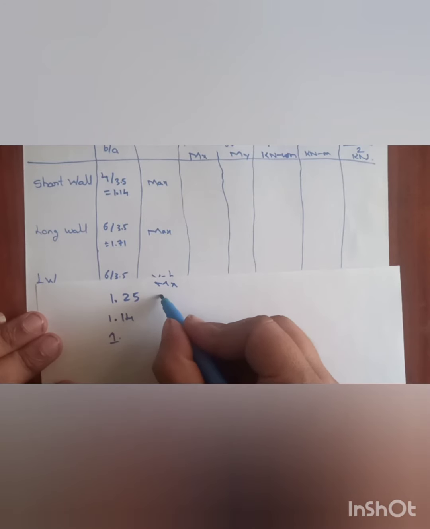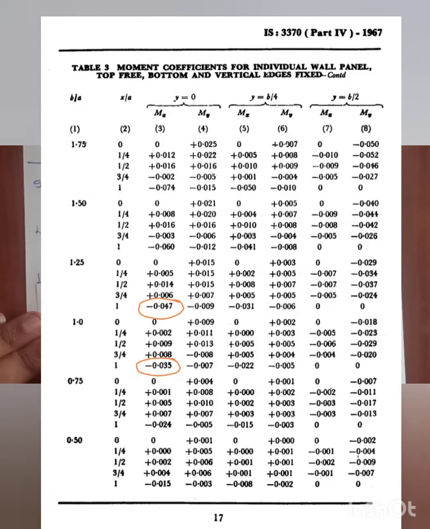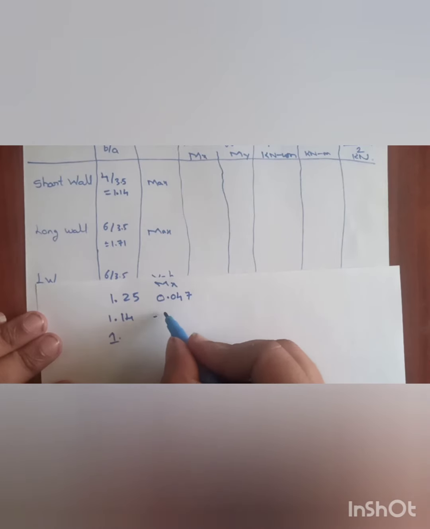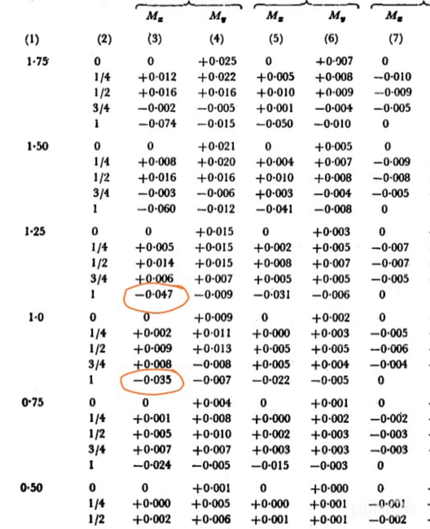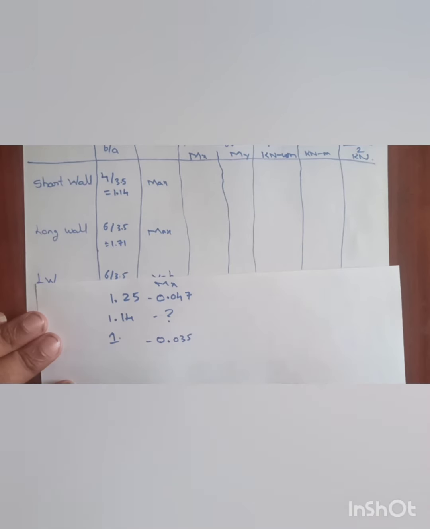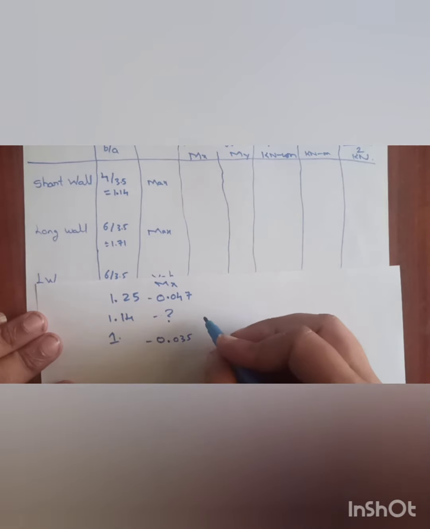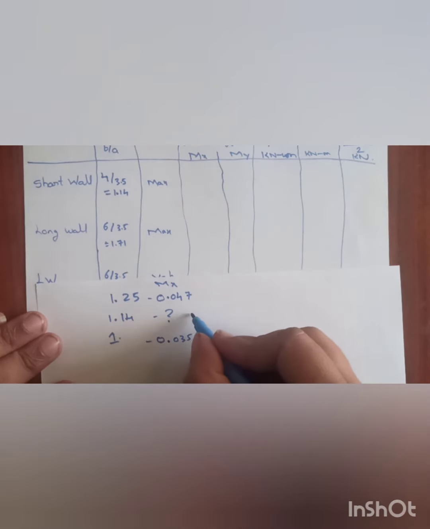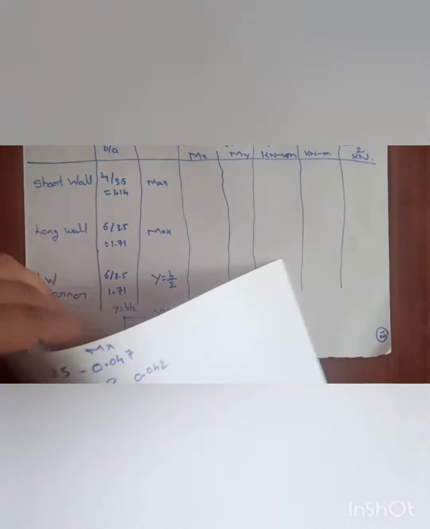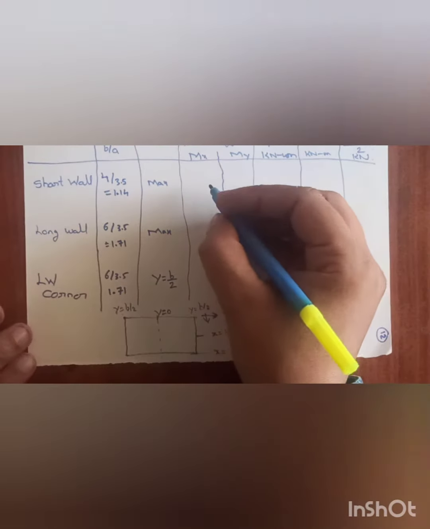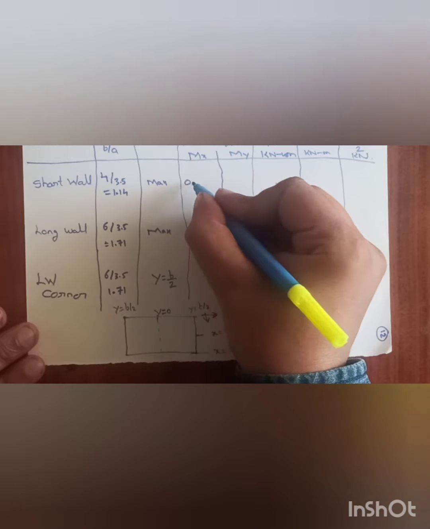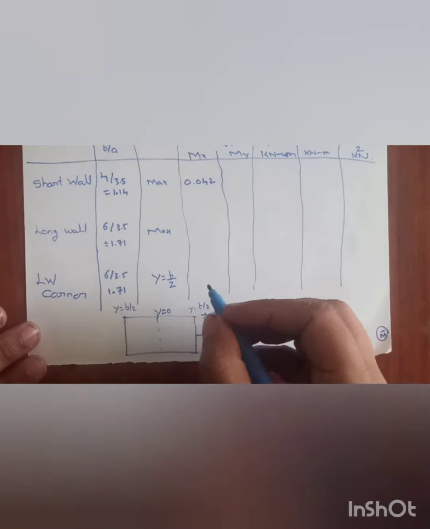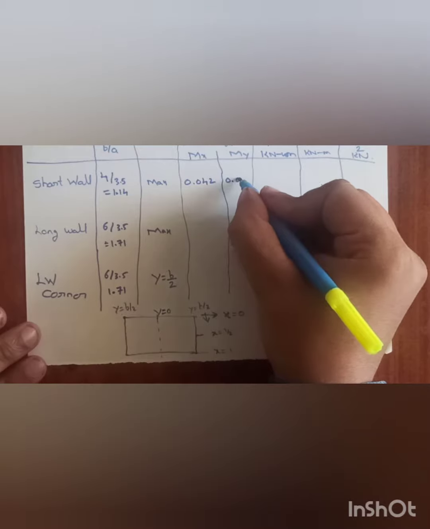For 1.25 it is 0.047, and for 1 the maximum is minus 0.035. So we will have to do the interpolation and we will get the value here, 0.042. In this way we need to find the moment coefficients for mx and for my. So for mx it is 0.042, for my it is 0.033.